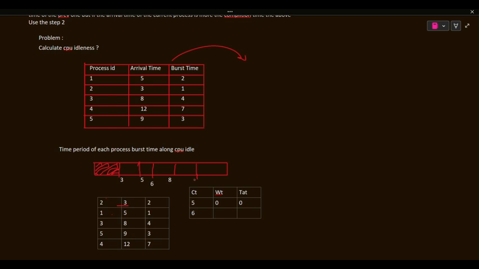So t equal to 4 here. Let t equal to 12. 8 plus 4 is 12.